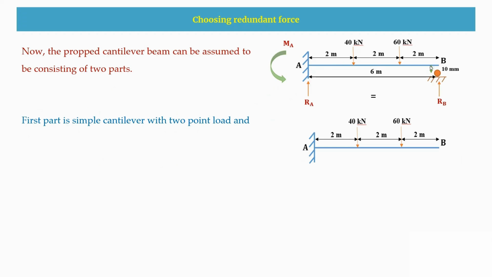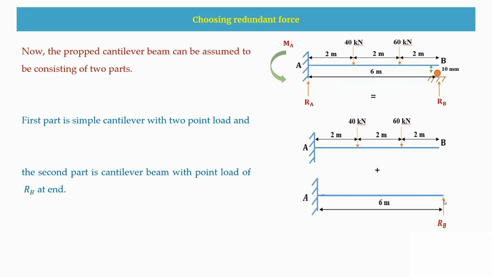Here this support we are removing, making this a simple cantilever beam which is having only the external loads. And the second part is a cantilever beam with a point load at this B end. Now this vertical reaction RB is treated as a redundant force.